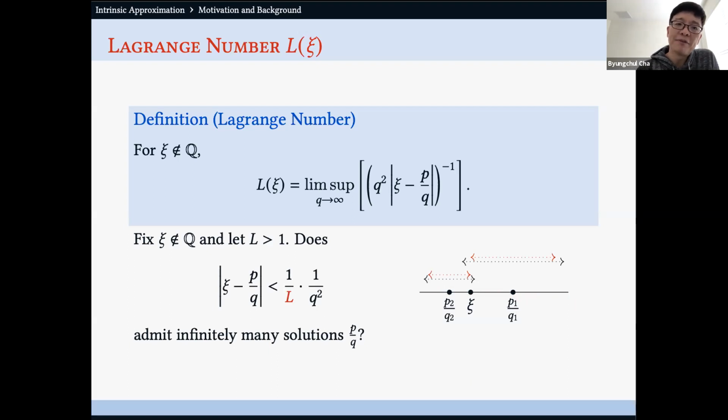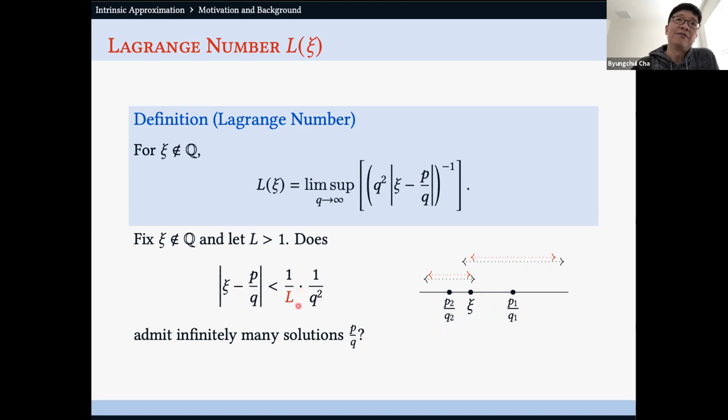Your light bulbs come with different brightness, so to speak. At a point, say P over Q, the brightness is determined by 1 over Q squared. So the light goes only up to this far. But if you take a fraction with larger denominator, then the light is less bright, so it goes only about that far.